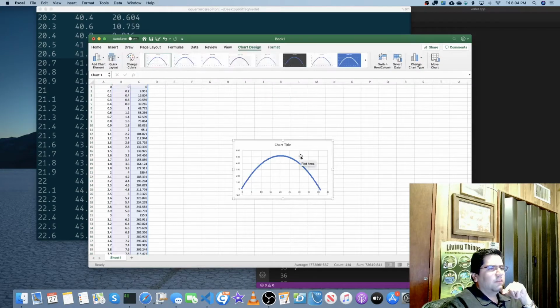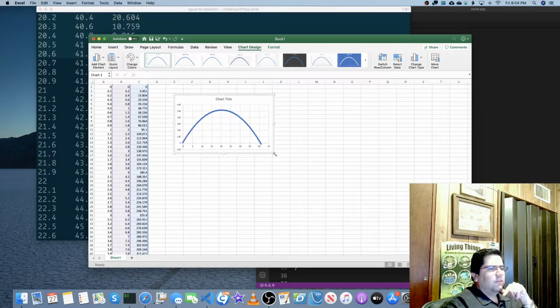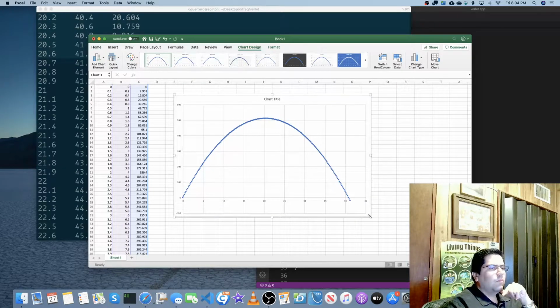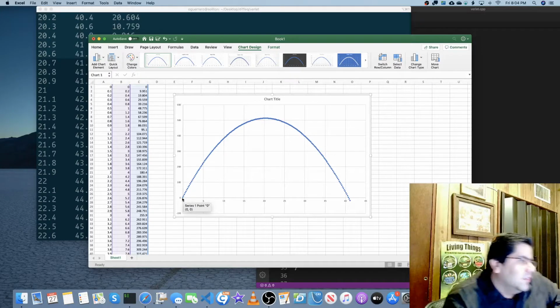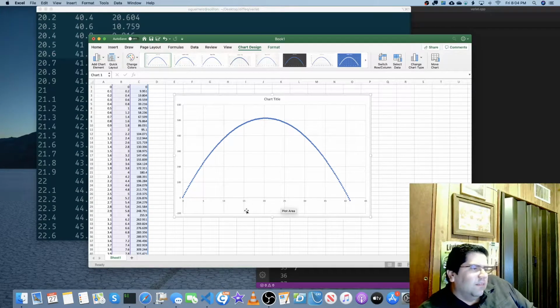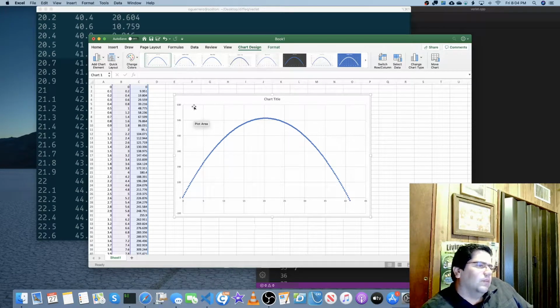and this is what I have obtained. So this is my graph of the trajectory, okay. And if you remember, this is gonna be parabolic, okay. As you can see clearly, we have the x and we have the y.